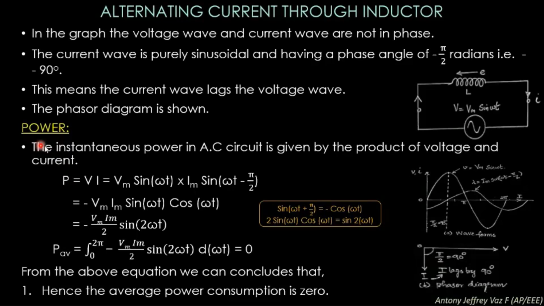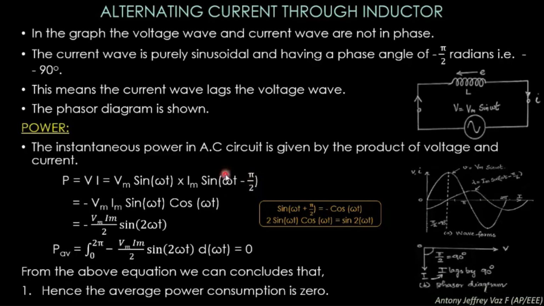Now the instantaneous power in an AC circuit is given by the product of voltage and current. P is equal to V into I. You know that V is equal to Vm sine omega t, and I is equal to Im sine omega t minus pi by 2, which is nothing but minus 90 degree.